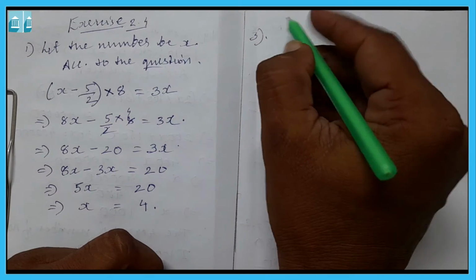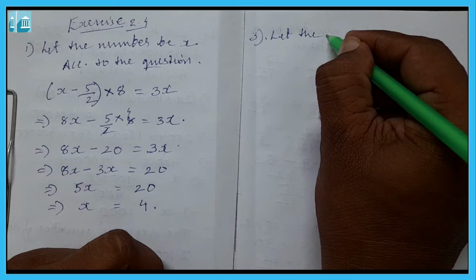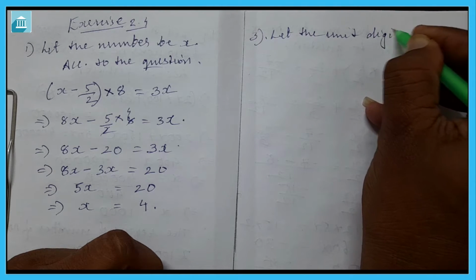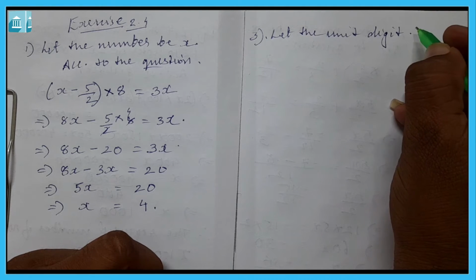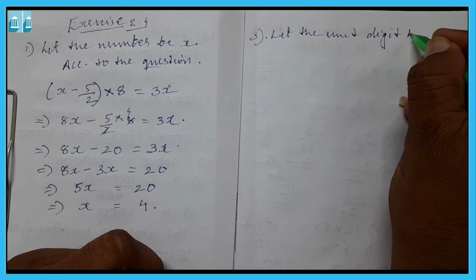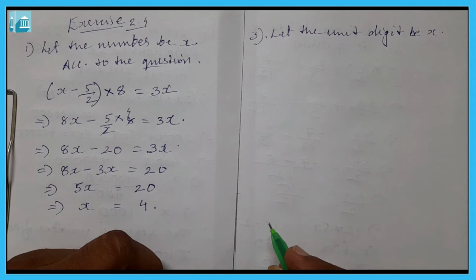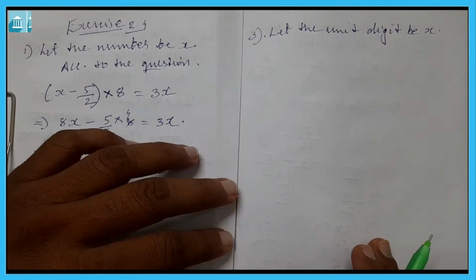First we let the unit digit of the 2-digit number be x. If the unit digit is x, it is said that the sum of the digits is 9, meaning unit digit plus tens digit is equal to 9.